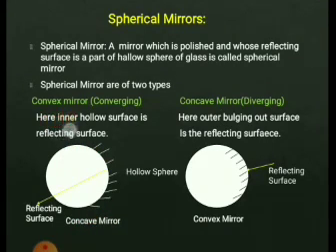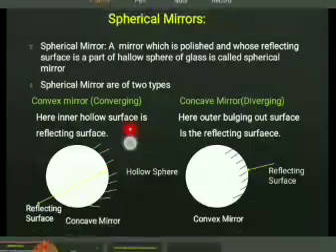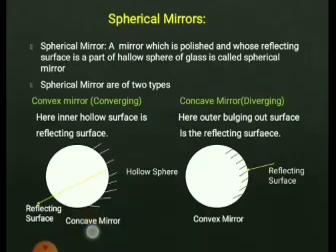So the inner side of the hollow sphere is a reflecting surface, and this inner portion is curved, hence it is termed a concave mirror.